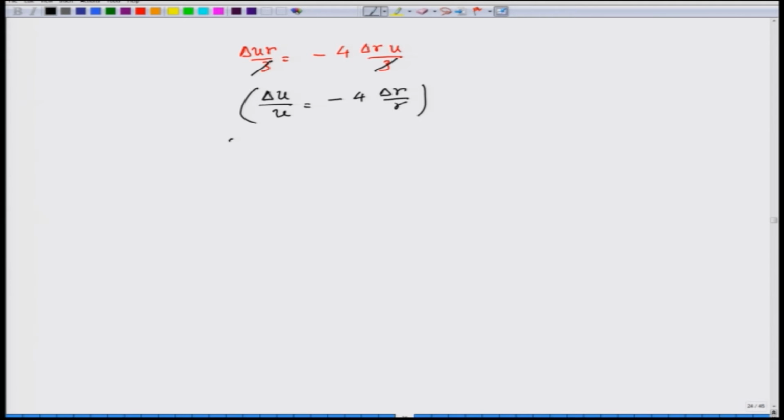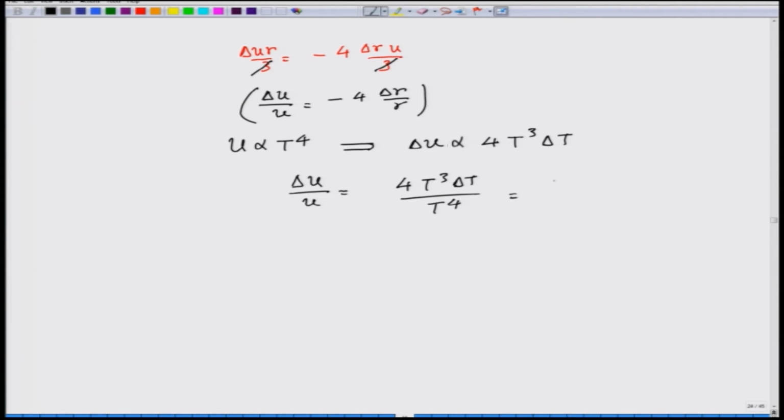Now, I know that U is proportional to T raised to 4, which implies delta U is proportional to 4 T raised to 3 delta T. If I substitute that, I am going to get delta U over U is equal to 4 T cubed delta T over T raised to 4, which is 4 delta T over T. So, combining all this, I get 4 delta T over T is equal to minus 4 delta r over r.